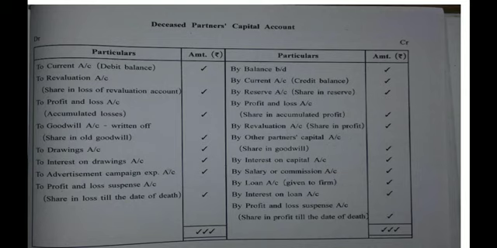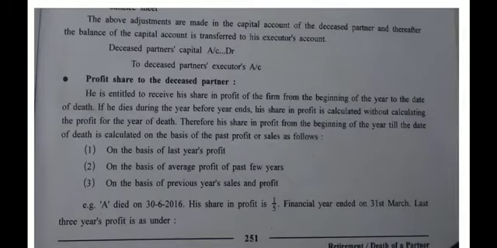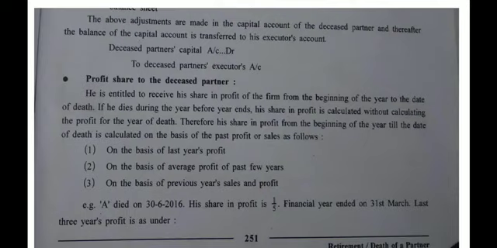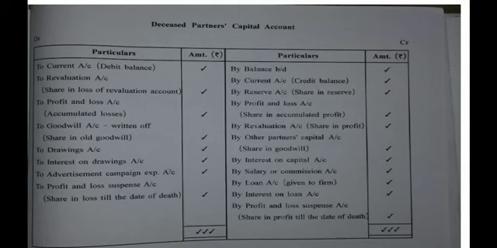This is how you are going to prepare it in the practical sums. We'll start from the debit side. All the concepts of the debit side that we have understood here are to be written on the debit side of this ledger account that we have prepared for the deceased partner.